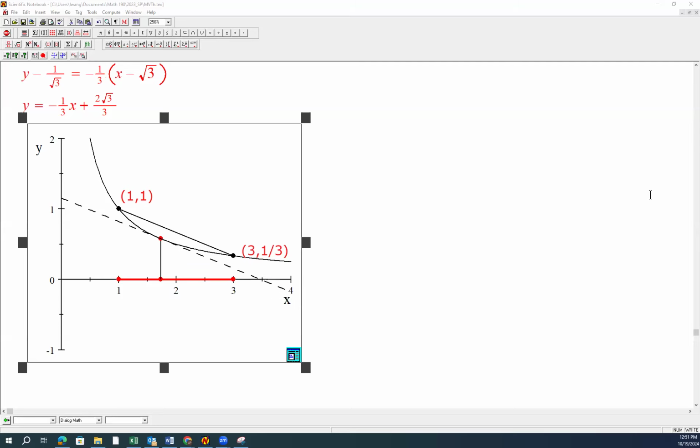Oh, I think I'm just going to draw. Okay, so this is root 3. How about this point? I'm going to mark it this way.